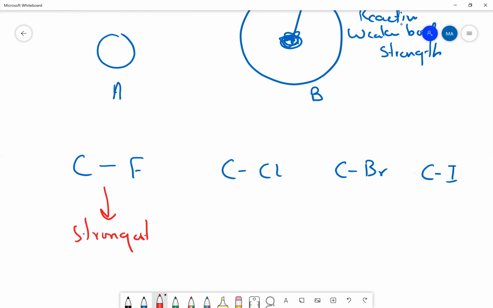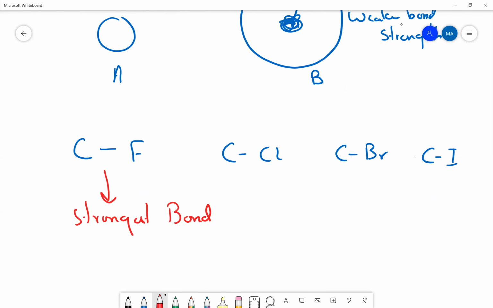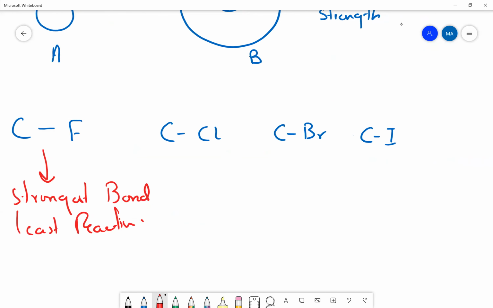Because fluorine's atomic radius is the, sorry, smallest. The bond is strongest, the reactivity is weakest, so it's the least reactive one. Whereas with iodine, the bond is the weakest and it's the most reactive one.